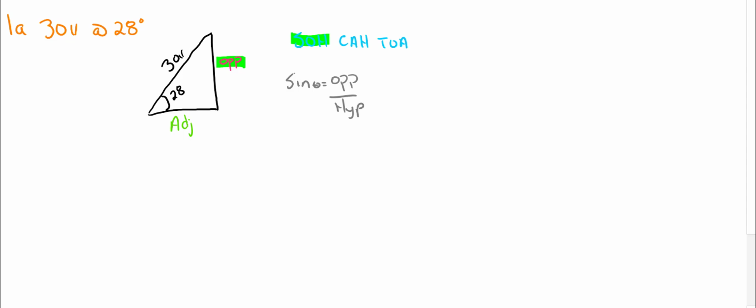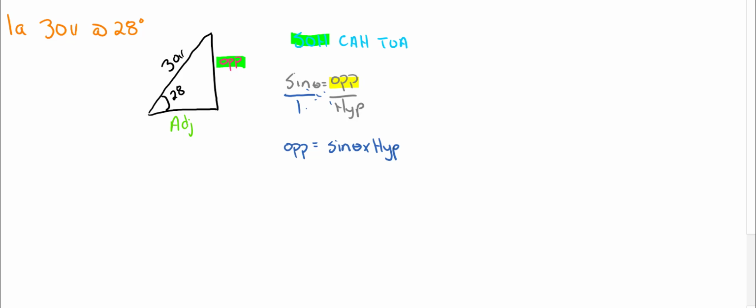So what am I looking for here now, though? I'm looking for the opposite. So how do I isolate the opposite in this formula? Just some really quick cross multiplication. So I have the opposite is now equal to sine theta times the hypotenuse.